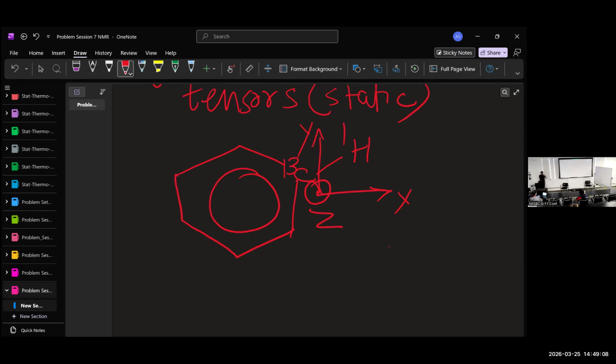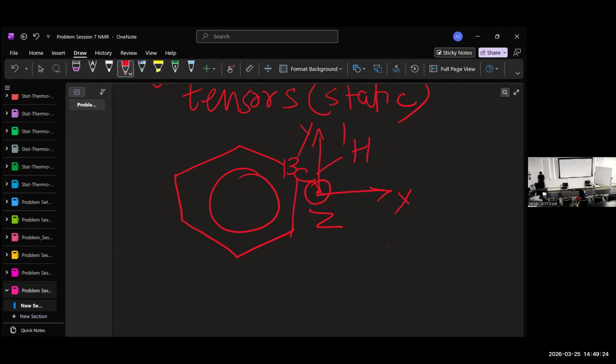Well, the z is the unique axis, always perpendicular to the ring, and that means the x and y will still be in the plane. But will they be any two perpendicular lines on the plane?